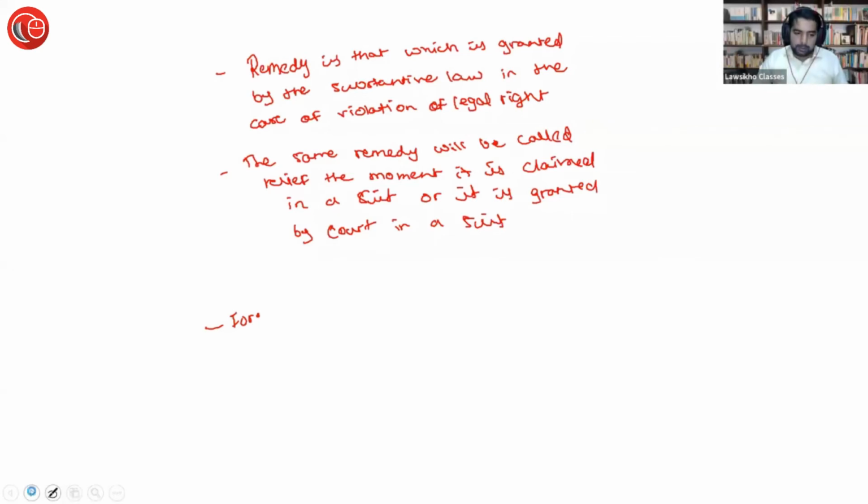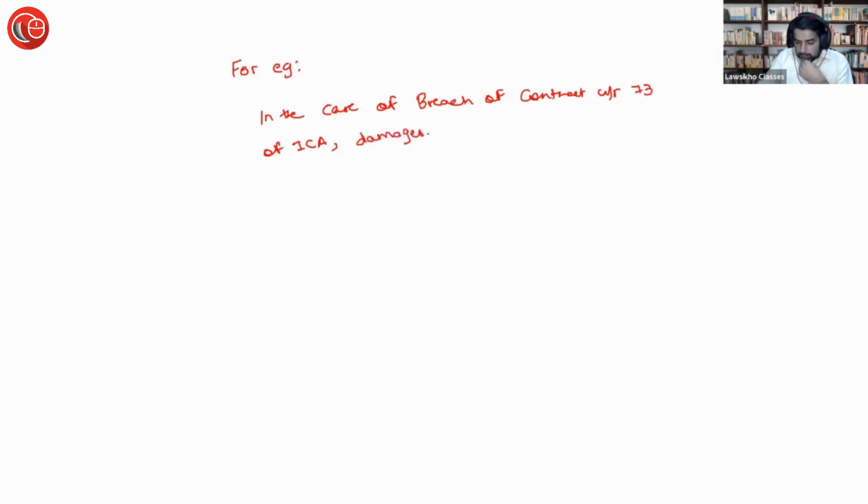Okay, let's proceed. So for example, in the case of breach of contract, under section 73 of the Indian Contract Act, that is ICA, damages is the remedy provided.